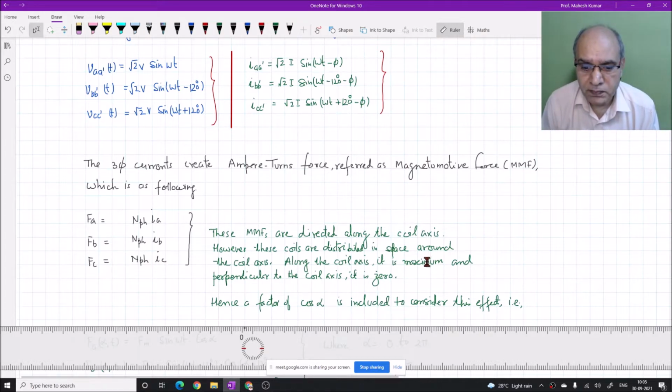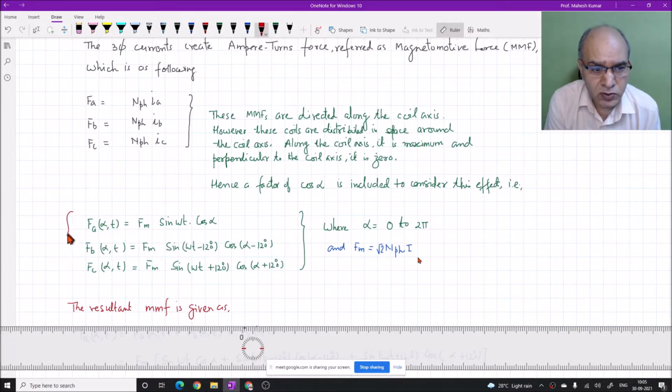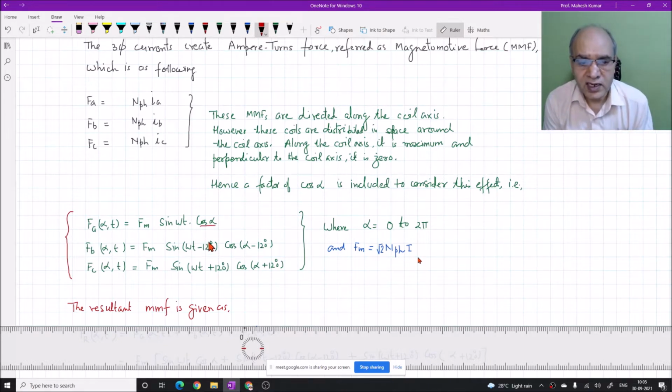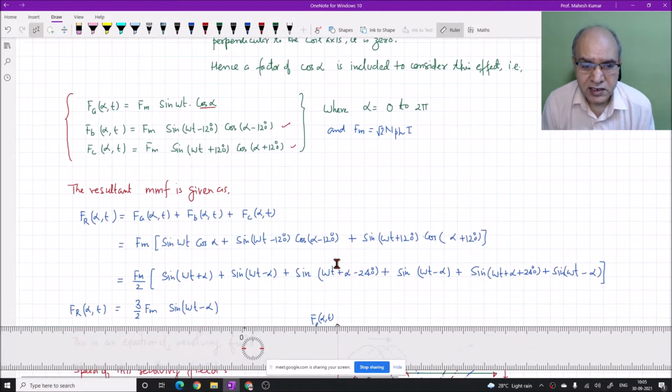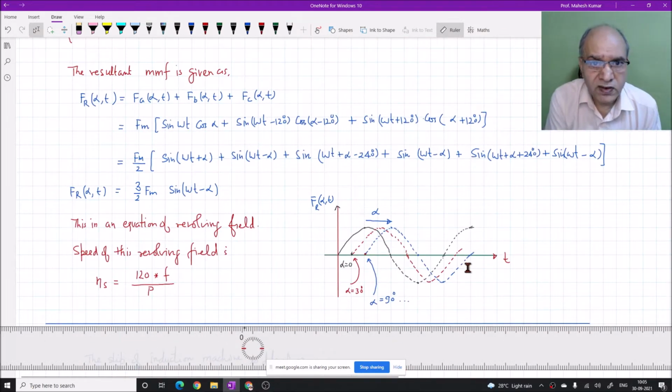We proved in the previous class that these 3 MMFs are space distributed by a factor of alpha, the alignment of the coil axis. Along the coil axis, alpha is equal to 0, and hence there is a maximum MMF across that winding. Similarly for B and for C. Now if we add up these 3, then we will get a revolving field. The revolving field expression is given here.